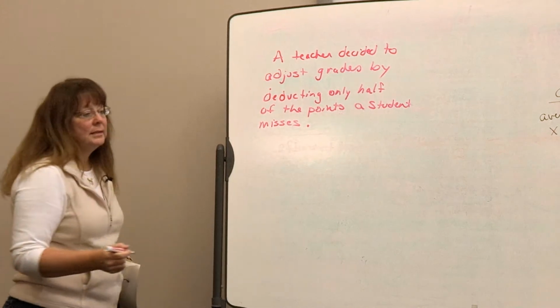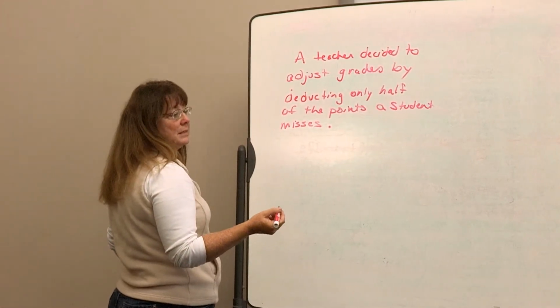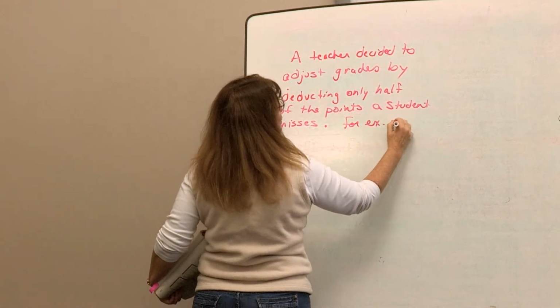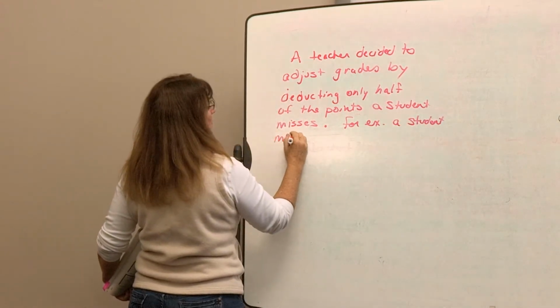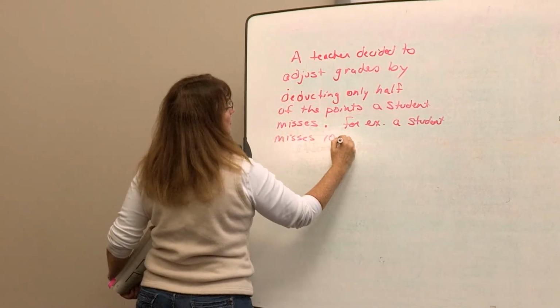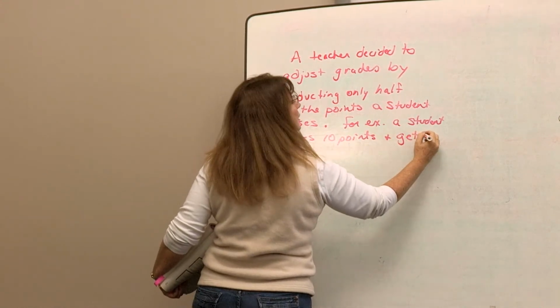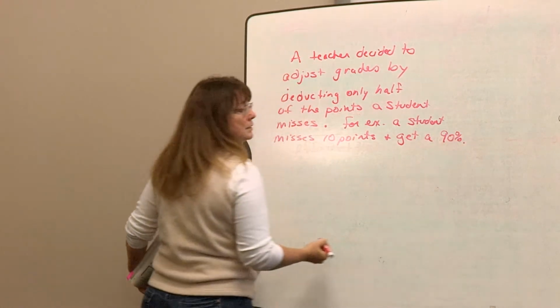So they give you an example. So let's say that you have a student and they end up missing 10 points. And so they get a 90% for the test.